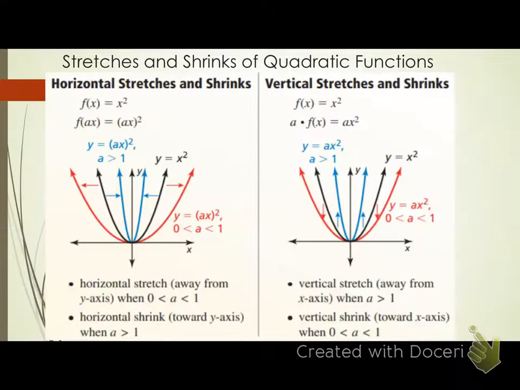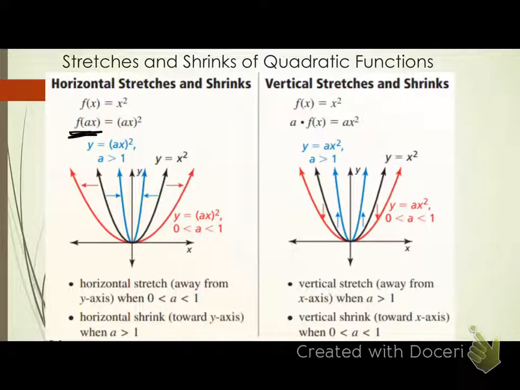Yes. Now let's talk about stretches and shrinks of quadratic functions. Horizontal stretches and shrinks is still f of ax. For horizontal stretches and shrinks, do you remember what our factor is? Is it 1 over a or just a? 1 over a. Very good. So for our quadratic function, I'm plugging ax in for x.